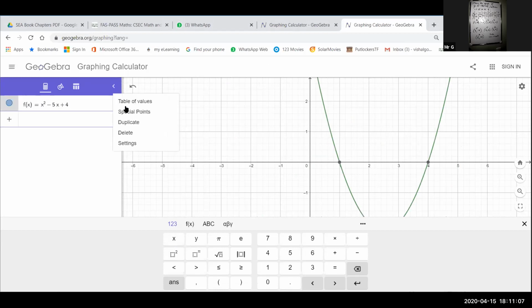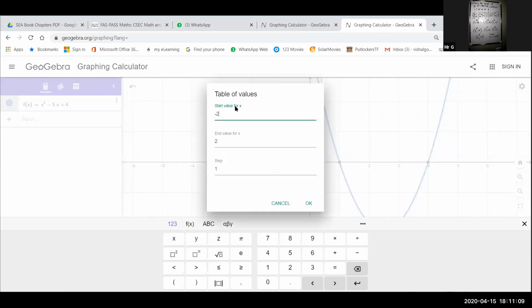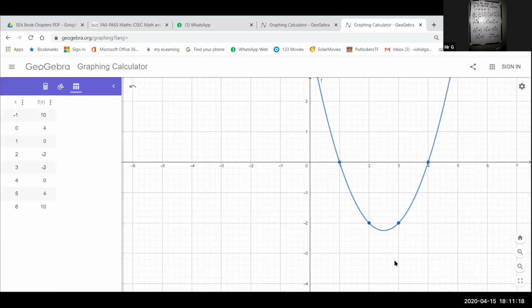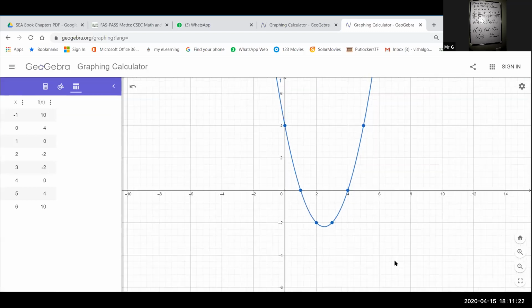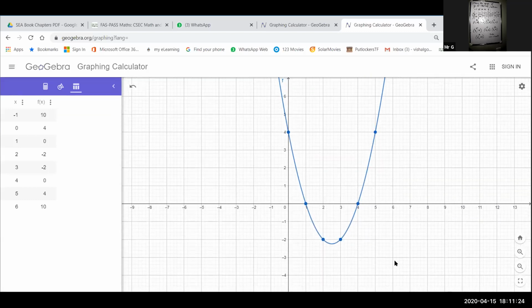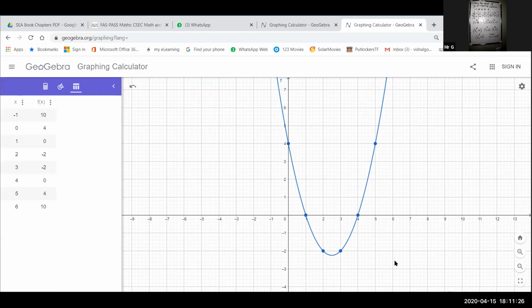And of course, we put our table of values between -1 and of course 6. And we click OK. And this is what our graph will look like. All right. Yes, people?